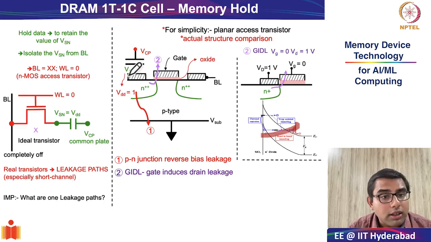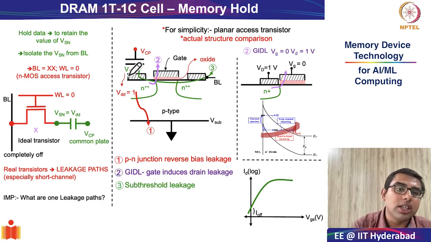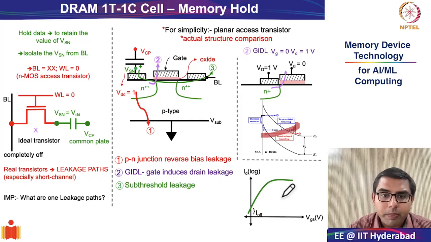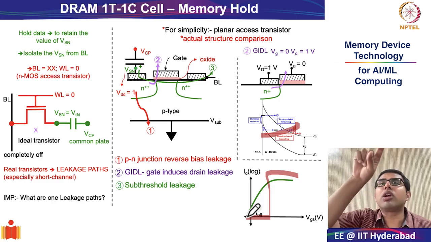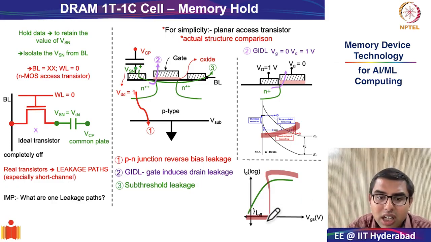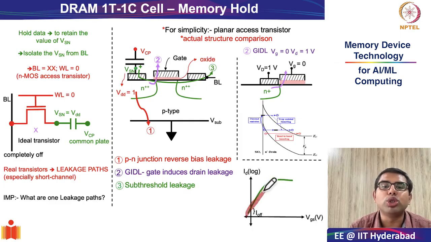The third important component that one could think of is the subthreshold leakage. So what is the subthreshold leakage? As you know, any transistor at zero gate bias, ideally if it was an ideal switch, would have zero current. It would have an absolutely steep subthreshold slope and zero current in the off state, which is at Vg equal to 0. But there are no ideal transistors, so every transistor has a finite subthreshold swing.